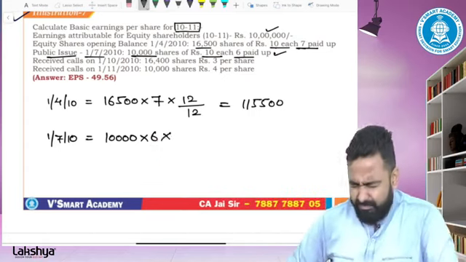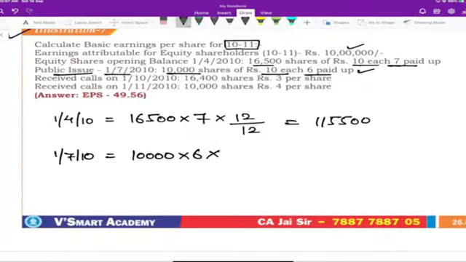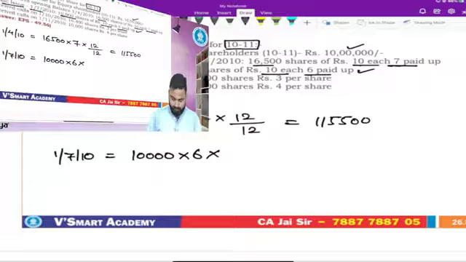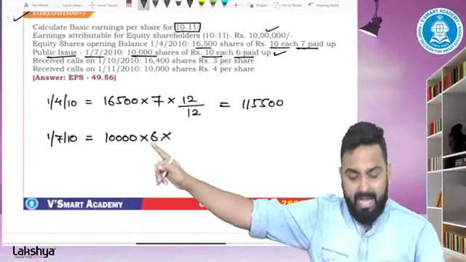The 10,000 shares were partly paid and they were issued on 1st July.